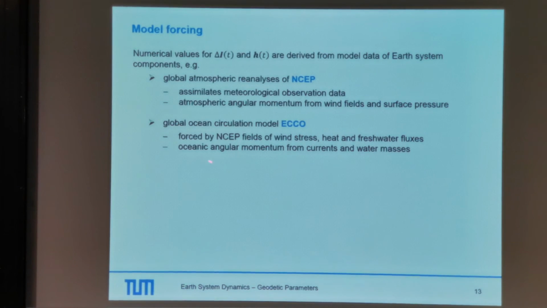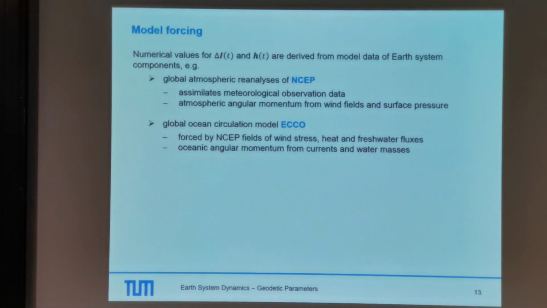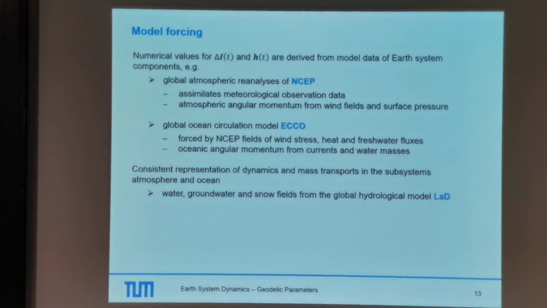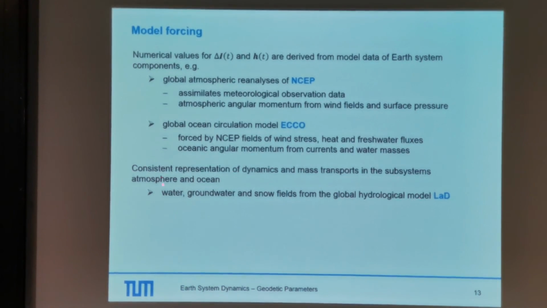And here we use this model in order to derive oceanic angular momentum from currents and water mass transports. So we have the atmosphere model with NCEP, the ocean model with ECHO, and hydrology is modeled with the global hydrological model LAD, which gives us information about water, groundwater, and snow fields.